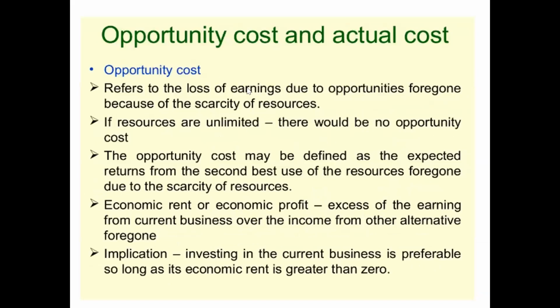Right. So normally the implicit cost means the opportunity cost. Opportunity cost means the value of the next best alternative, right? So when we are calculating the economic profit, we are considering the values that we forego, right?